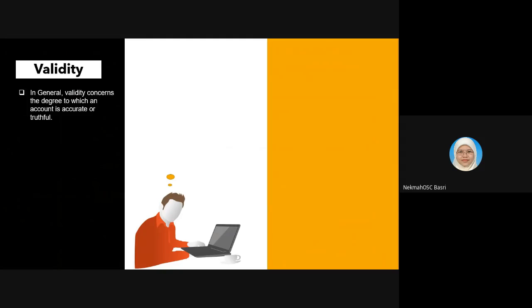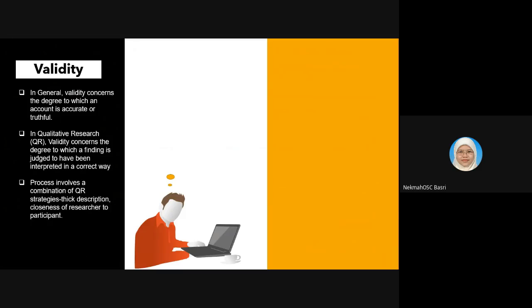Validity is the concern with the degree to which an account is accurate and truthful. In qualitative research, validity concerns the degree to which a finding is judged to have been interpreted in a correct way, and the process involves a combination of qualitative research strategies: thick description, closeness of researcher to participants.